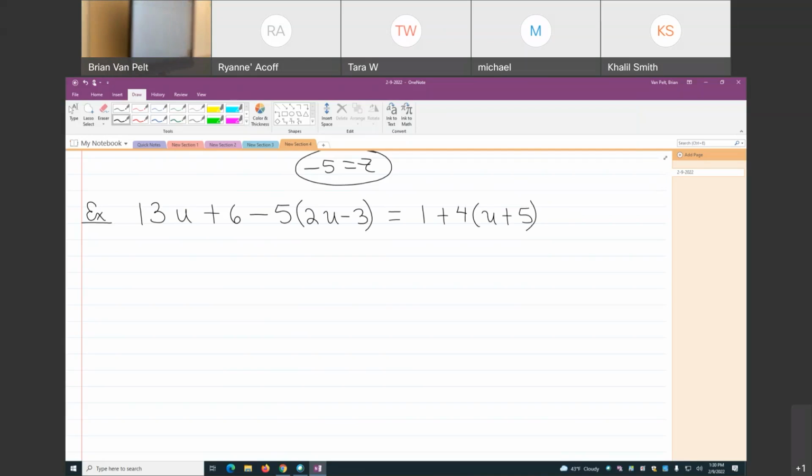All right, so let's reiterate. What's step number 1 in these problems? Simplify each side. Do that first. Simplify them all the way.